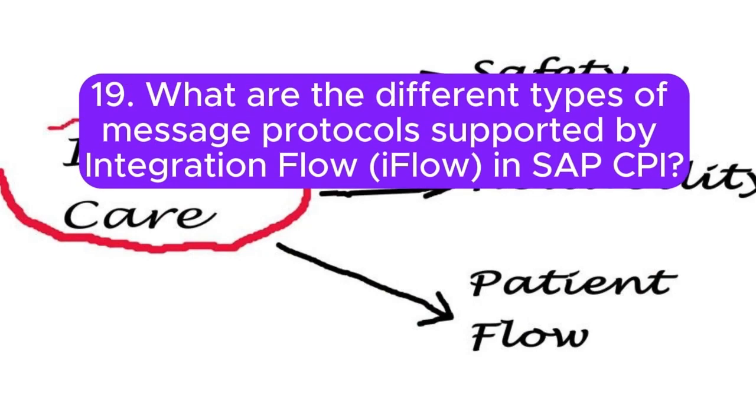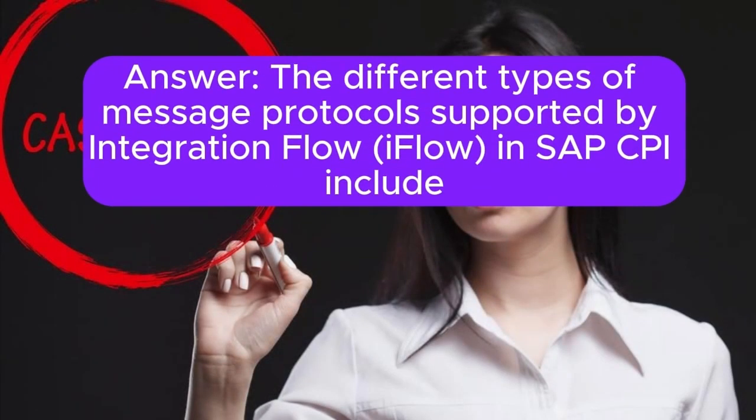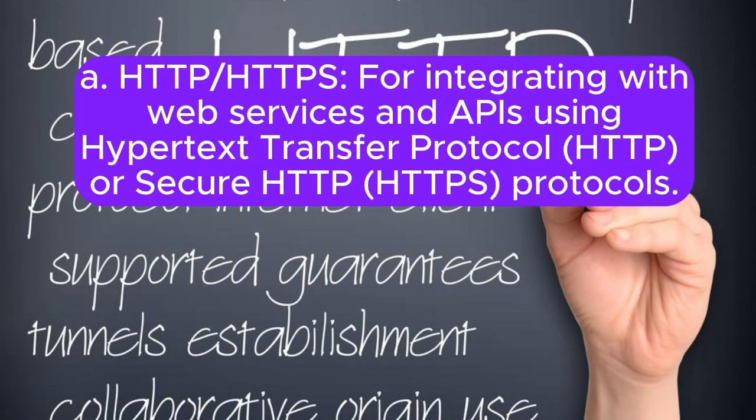19. What are the different types of message protocols supported by integration flow iFlow in SAP CPI? Answer. The different types of message protocols supported by integration flow iFlow in SAP CPI include A. HTTP, HTTPS, for integrating with web services and APIs using Hypertext Transfer Protocol, HTTP, or secure HTTP, HTTPS protocols.